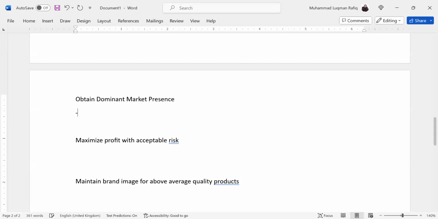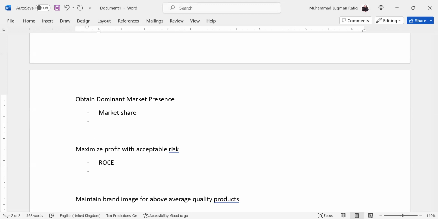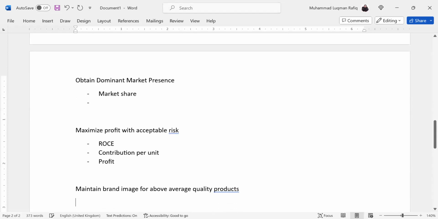Okay, so basically the market share over here. What else? Return on capital employed, contribution per unit, the profit, consumer awards one.